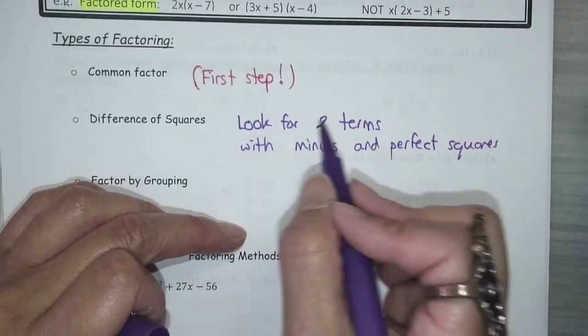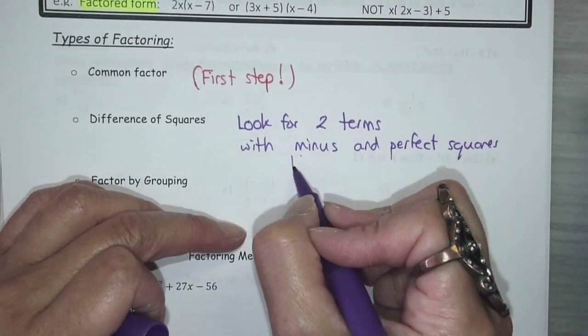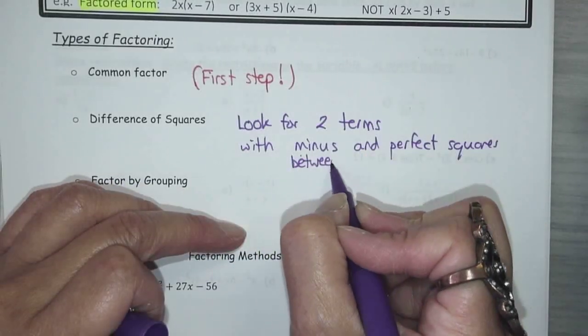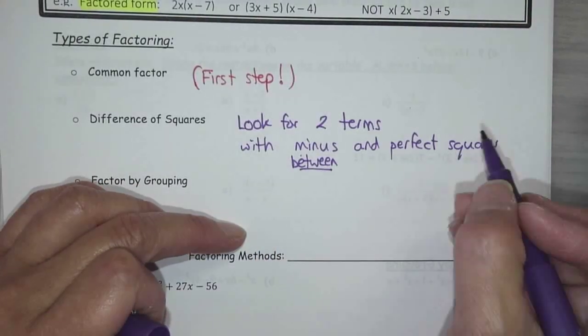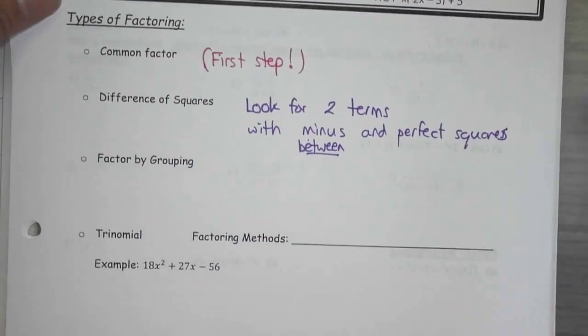So if you have 2 terms, there's a minus in between them, and they're both perfect squares, that would be a difference of squares.